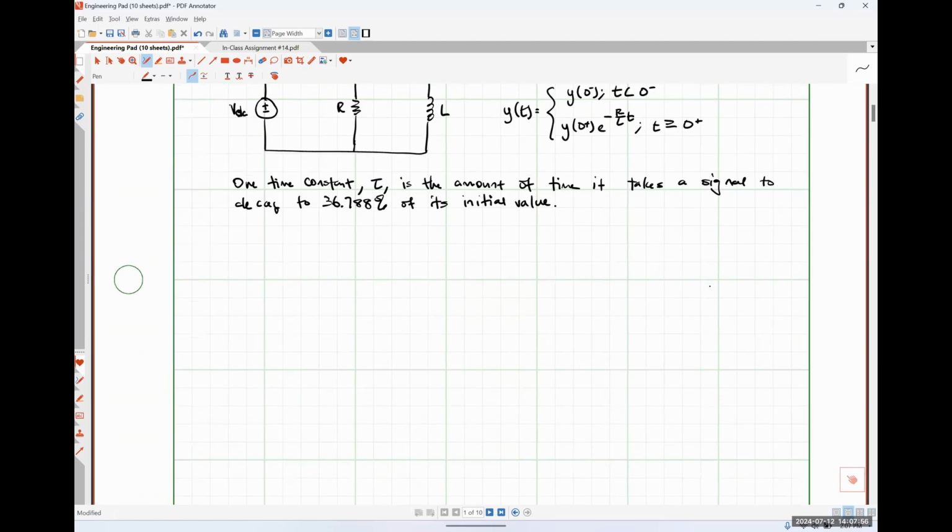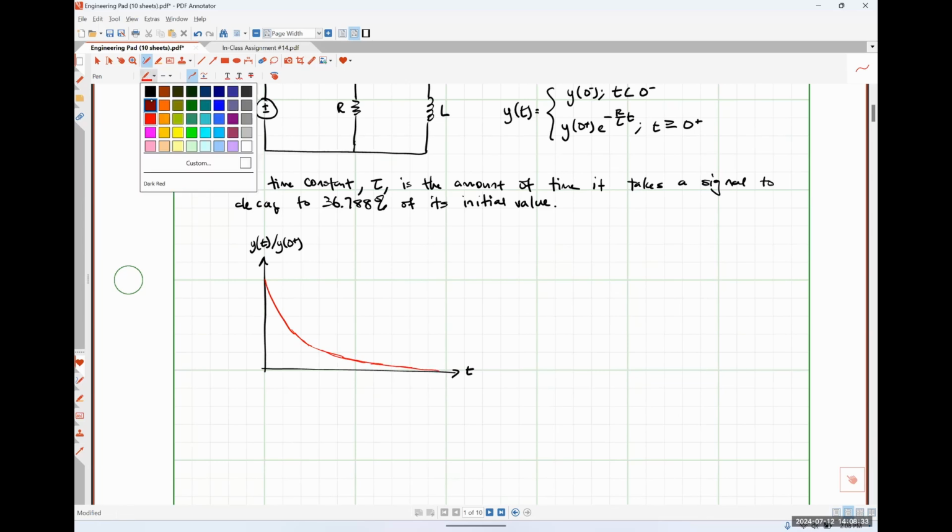So I'm going to draw a plot here. So this could be y of t divided by y at 0 plus. And then this is t here. And so what we should see is some sort of exponential decay, like so.